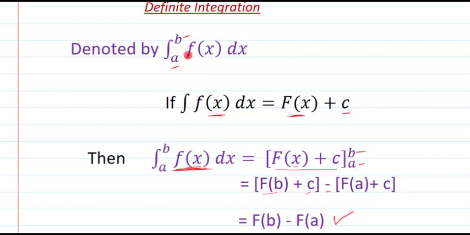So this is how to find and denote the definite integration. You should observe one thing here, that there is no constant term in definite integration, as is clear from the steps: c will get cancelled and we are left only with F(b) minus F(a). So when we are finding definite integration, we will not write any constant term in addition.